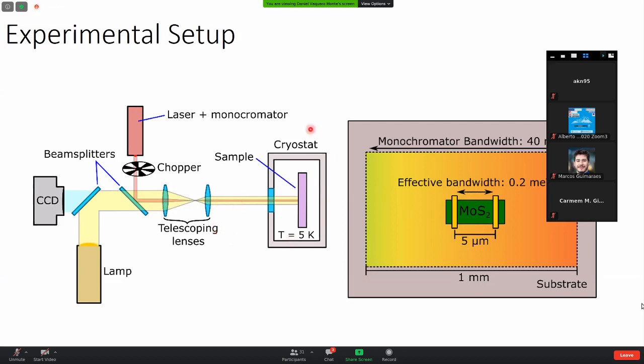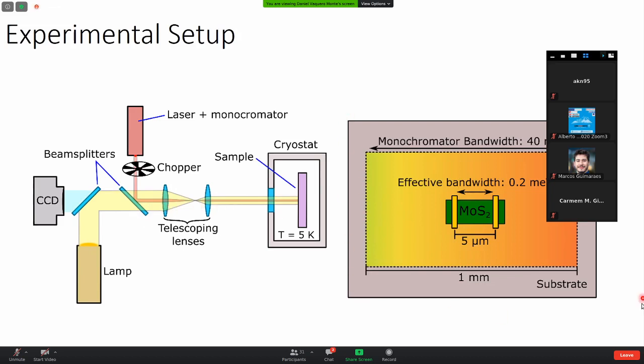And here we have the sample in this stage inside a closed-cycle cryostat at a temperature of 5K and in vacuum. Also, we have put a lamp and a CCD camera using these two beam splitters, and this CCD camera allows us to improve the alignment between the sample and the excitation light.